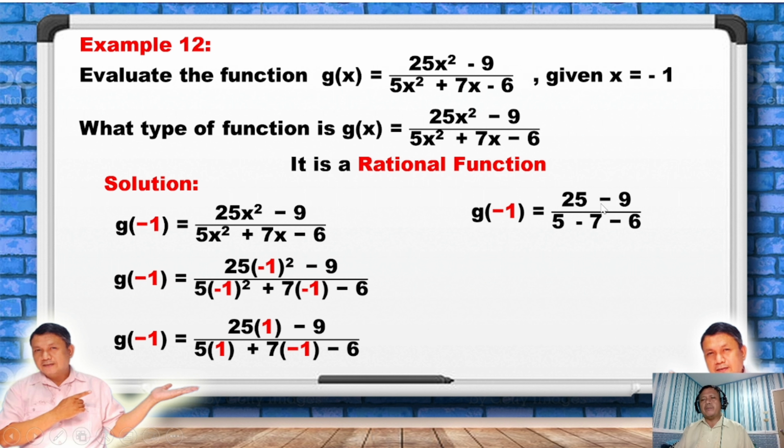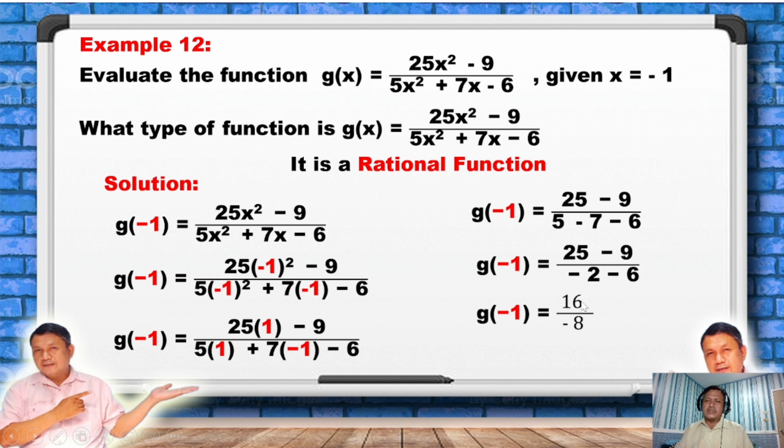And what is 25 minus 9? And that is, okay, so again, 25 minus 9. Okay, so sa case na to, ang inuna po natin ay ang denominator. So, therefore, we have 5 minus 7. Okay, a larger number ang 7, kaya negative 2 ang sagot, minus 6. Okay, what is 25 minus 9?